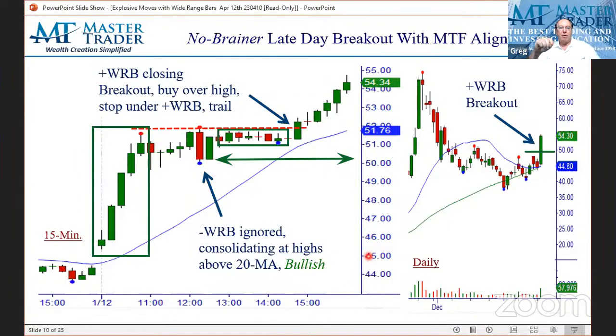The intraday price action supported a belief that it could look like that because it wasn't a wide range bar as it's defined on a daily chart in the middle of the day. In the middle of the day, it was a small bar.